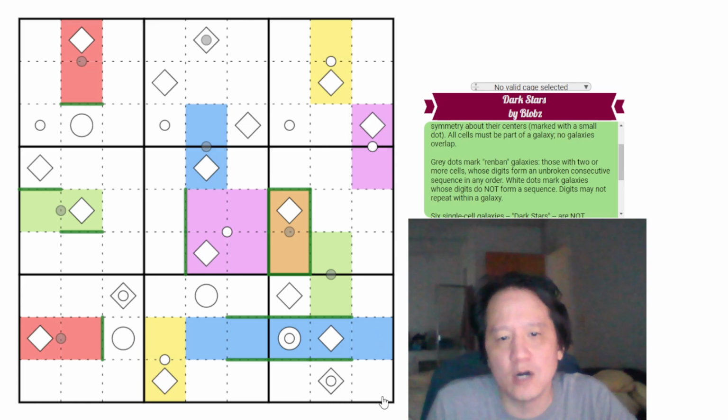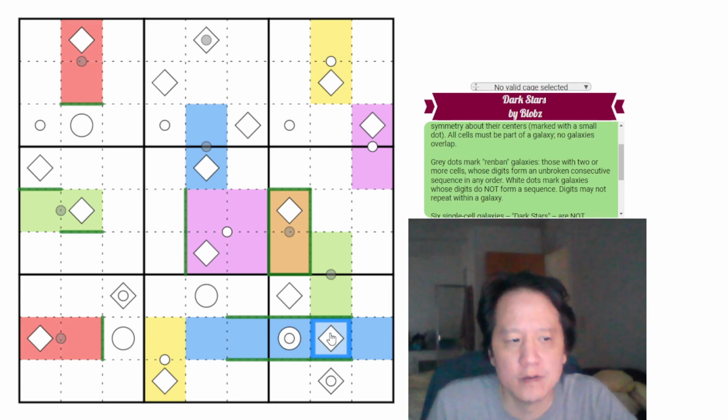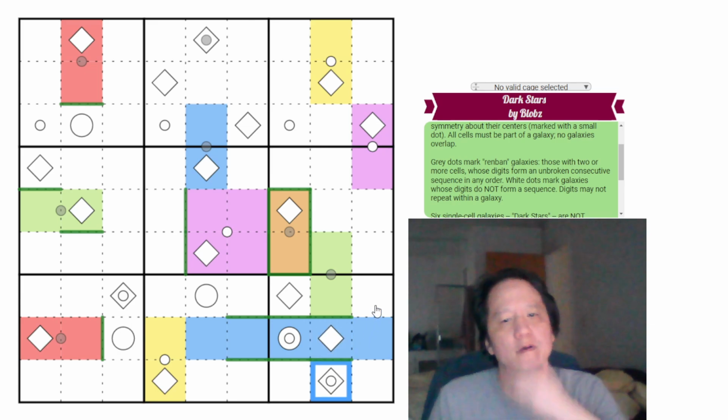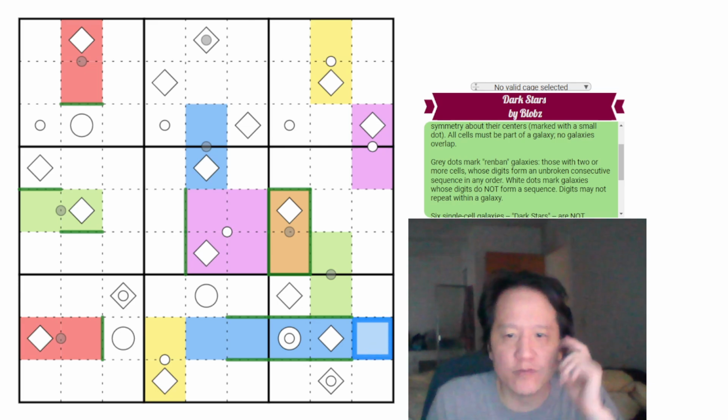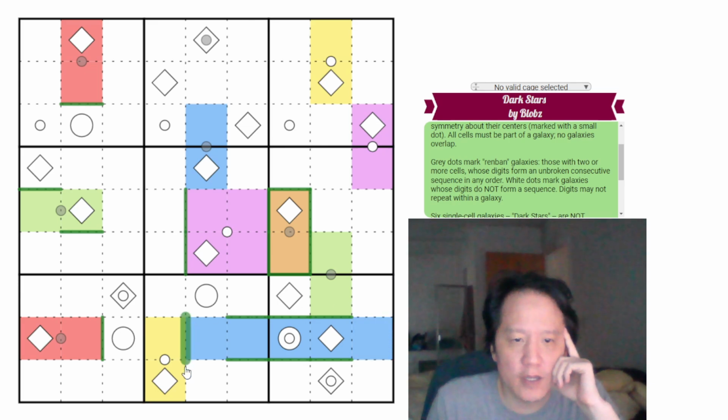Now it has to go up or down or both. That's possible if these dots can be only 1. We do know it has to go one of the 2 ways, though. So it cannot go this way, which means this one can't be.